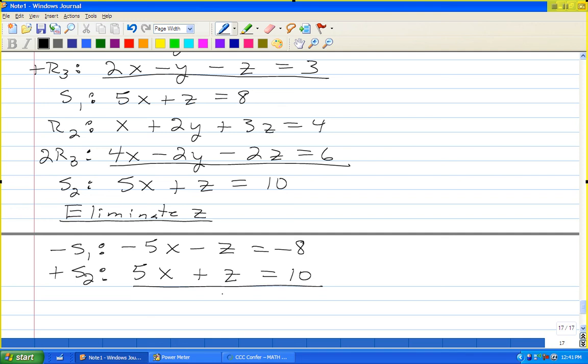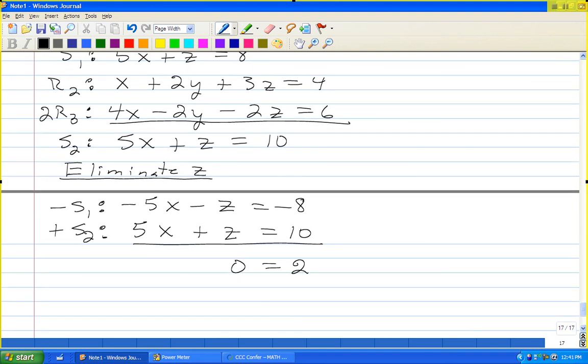X's cancel, z's cancel, so you get 0 equals 2. But once you see this, you immediately know that this is a false statement. Since this is a false statement, I immediately know that this is an inconsistent system.